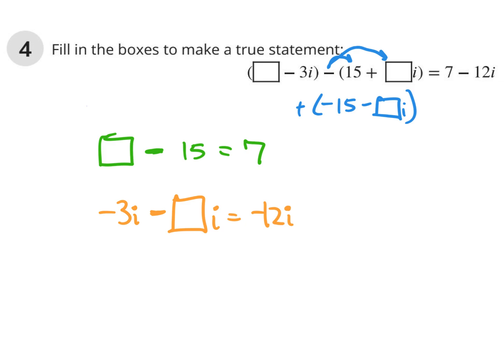I'm not sure. But one thing I do know about subtraction is that you can go the opposite way. If you're subtracting going right, add going left. 7 plus 15 is 22. So that might mean the number is 22 minus 3i for the first one.